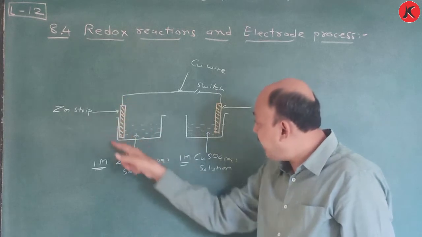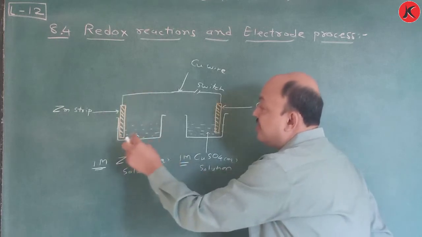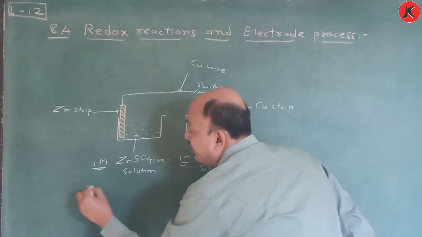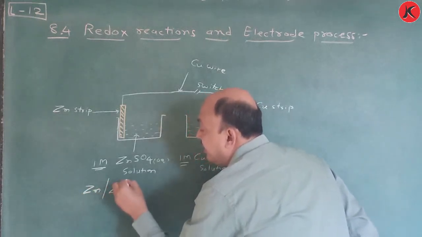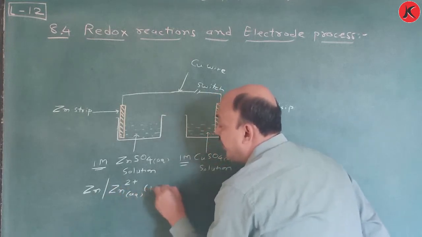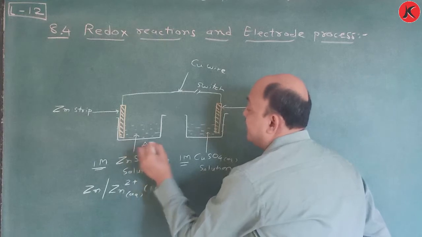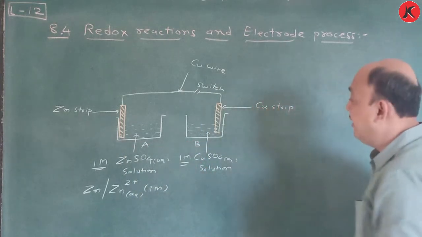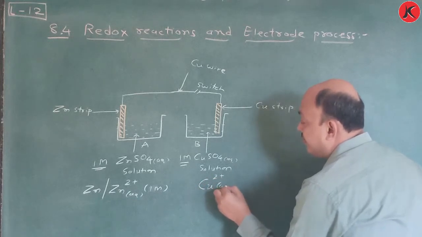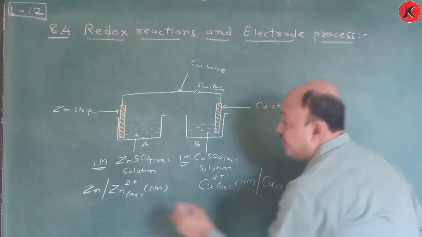And this apparatus, whatever the system is there, this particular system is called an electrode, and this is a half cell, and it is written as Zn plus 2 aqueous, 1 molar. This is considered as a half cell. This is apparatus A, this is apparatus B. And here it is written in this way: Cu plus 2 aqueous, 1 molar, converted into Cu solid.